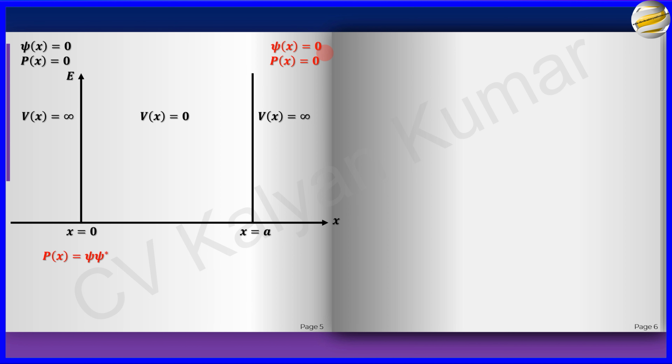Now this means psi of x is 0 when x is less than or equal to 0, and psi of x is 0 when x is greater than or equal to a. So remember, the particle cannot exist even on the boundary. It can exist anywhere inside the boundary only.